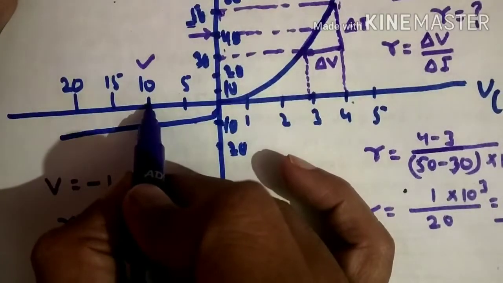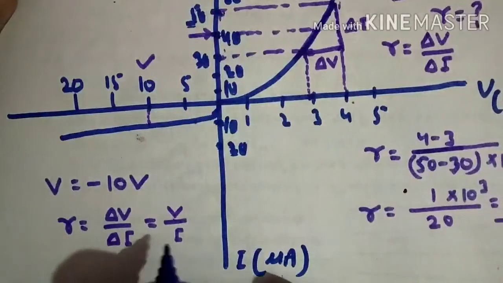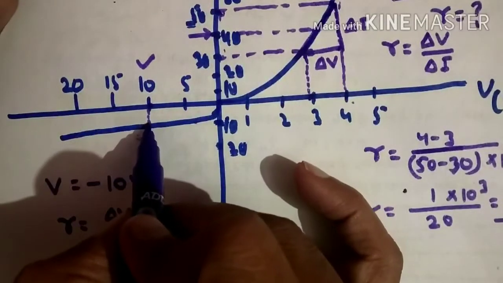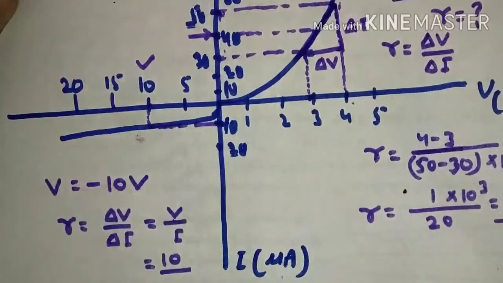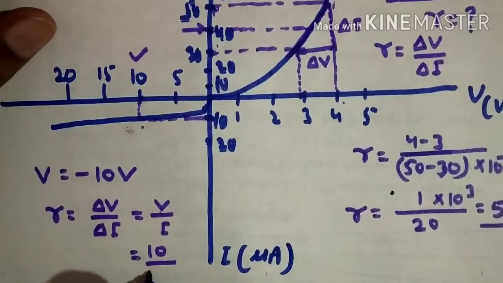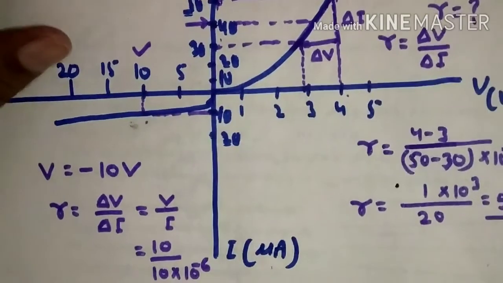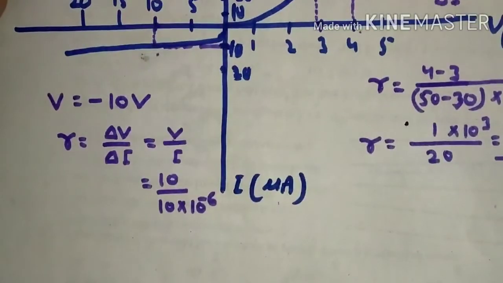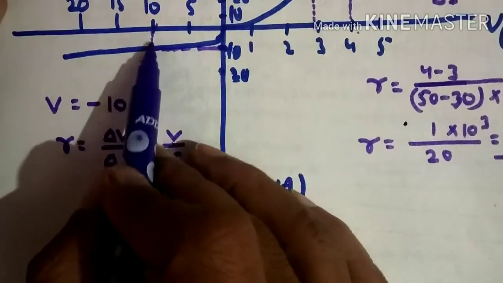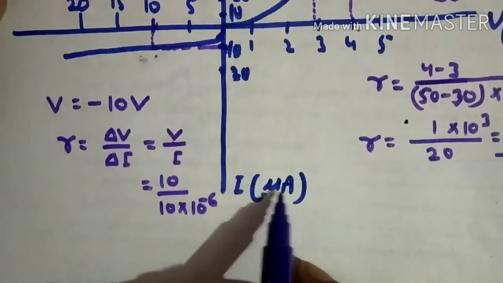The voltage is 10 volt, and the corresponding value of current at the 10 volt is 10 microampere. This 10 micro means 10 to the power minus 6. V by I: 10 volt, and the current corresponding to 10 volt is 10 microampere.